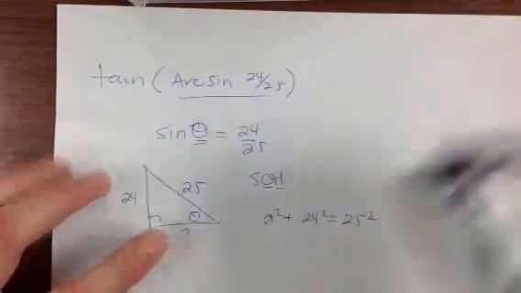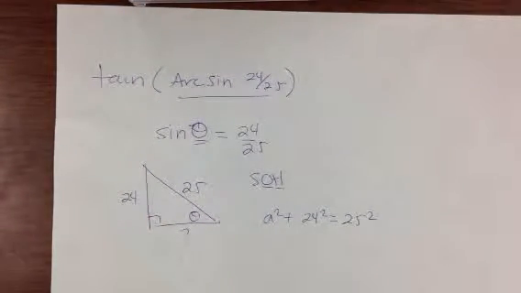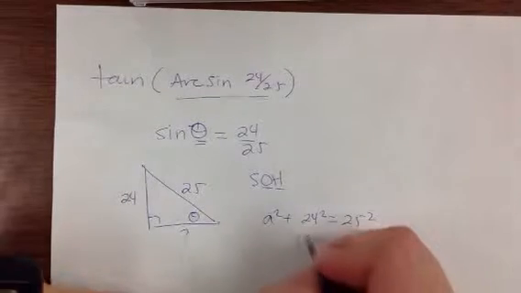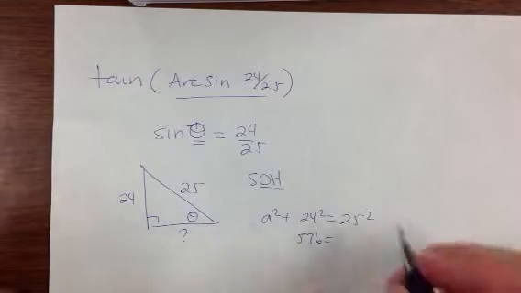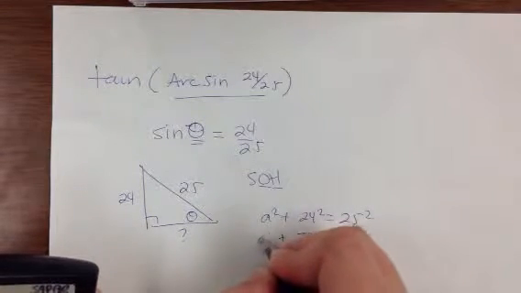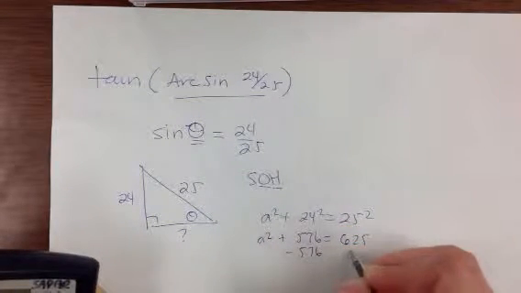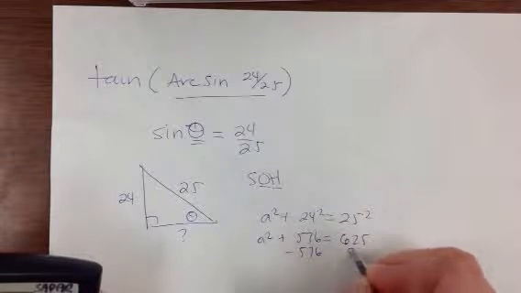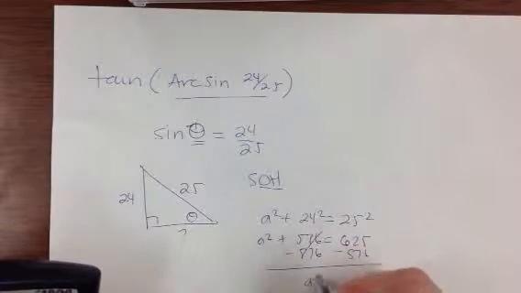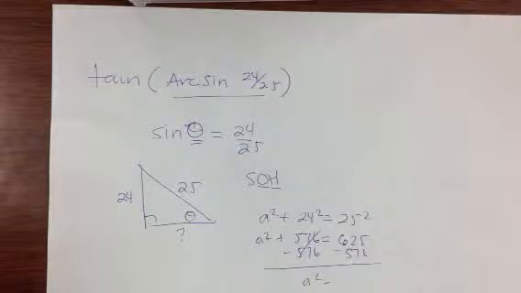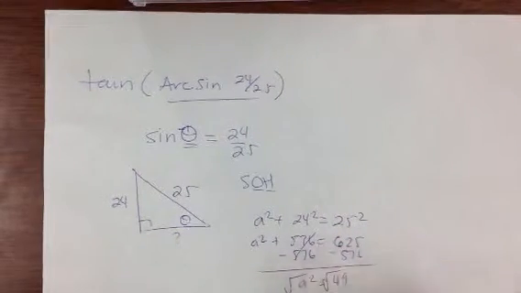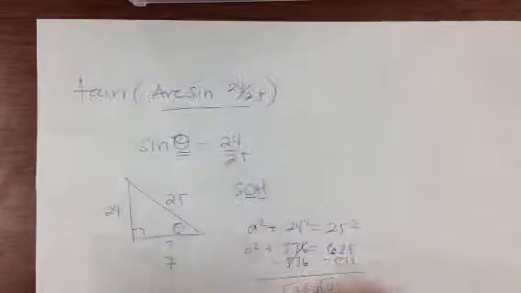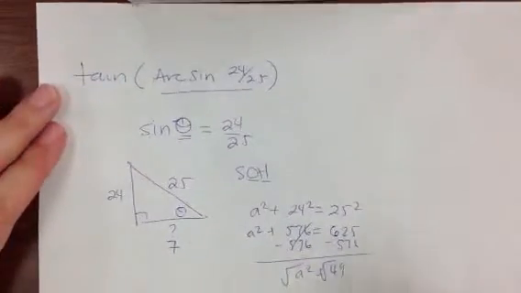So we calculate this: 24 squared, we get 576, 25 squared, 625. Subtract 576 from both sides. So a squared equals 49, square root, the distance here is 7. I found that to be 7.